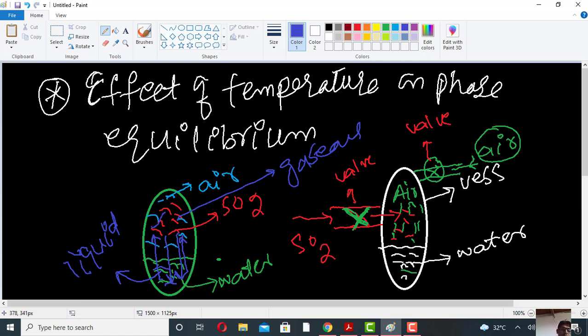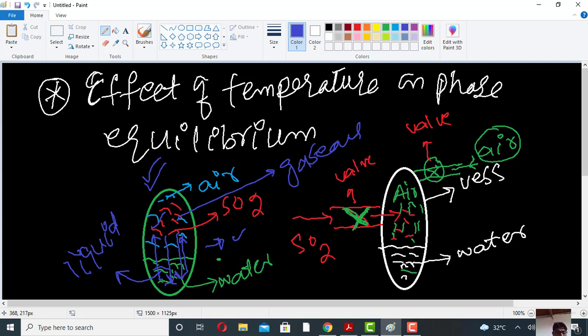After a certain time the rate of absorption became equal to the rate of desorption, and when the rate of absorption is equal to the rate of desorption, we say that the system is at phase equilibrium, or at dynamic equilibrium.